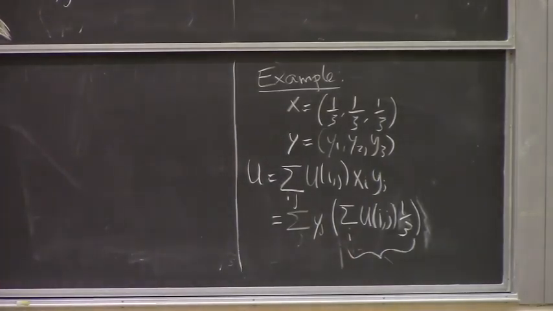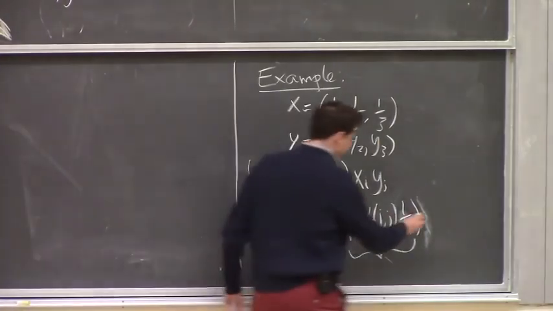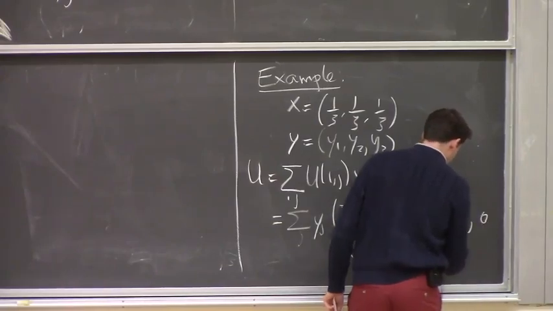Sum up the values here, sum up the values here, sum up the values here, always with all the entries weighted by the same value. In this case, it's a third. So what do I get in each of these cases? 0, right? The sum in every column of the entries is 0. So what we get here is the sum of y_j times 0, and that's just 0.